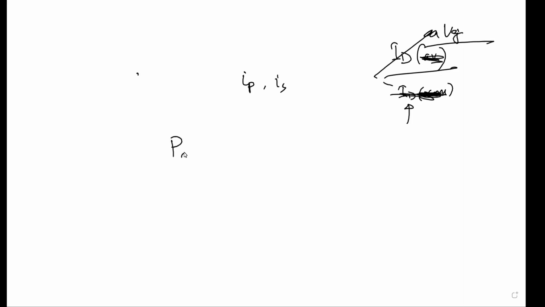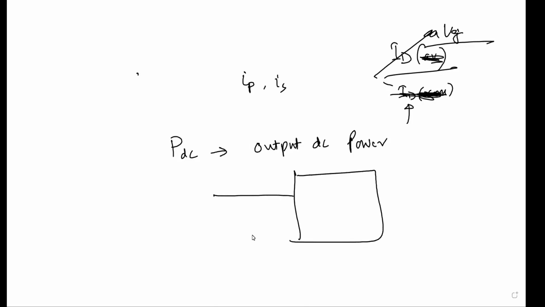So PDC will be your output DC power. If it is a rectifier, you know the rectifier is one kind of energy converter, a power converter, where the AC side is converted to DC. So the output side will be your DC.